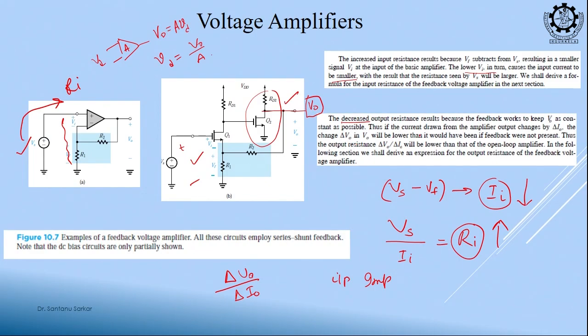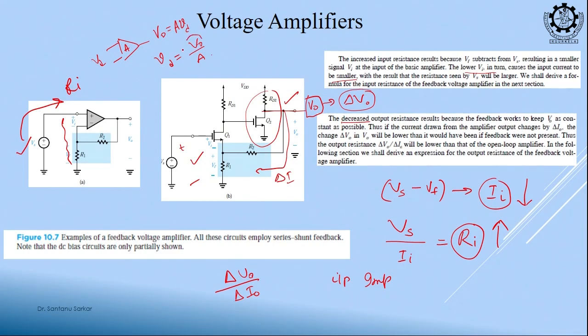The current drawn from the amplifier output changes by delta I. Suppose I am drawing some current, and because of that V0 is changing by delta V. Now, what they are saying is this delta V in closed loop is less than the delta V in open loop.